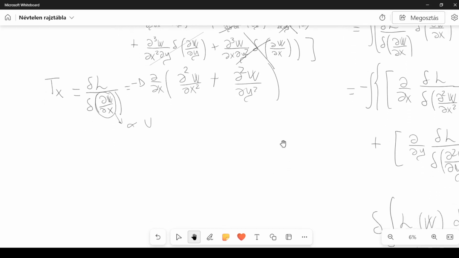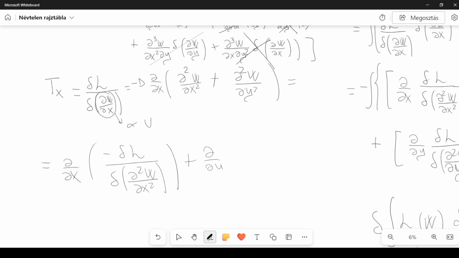In particular, we have found that this derivative here can be expressed as d/dx of minus the change in L with respect to the change in d squared w dx squared, plus d/dy of minus the change in L with respect to twice, so I have a factor of 2 here in the denominator, d squared w dx dy or dy dx.